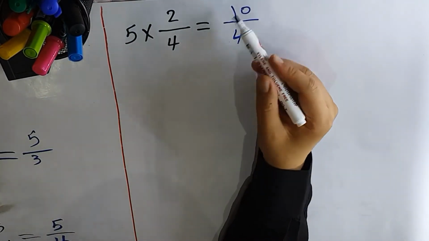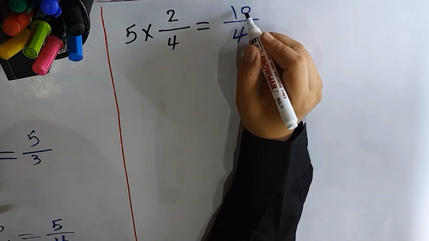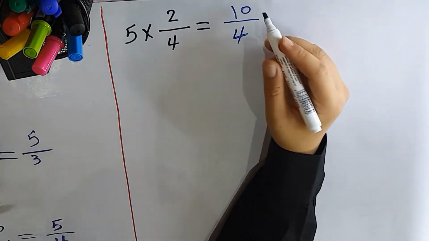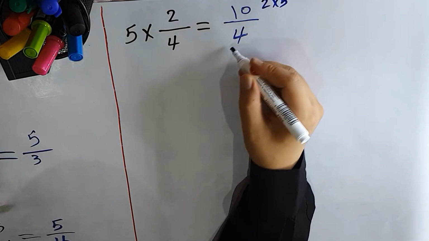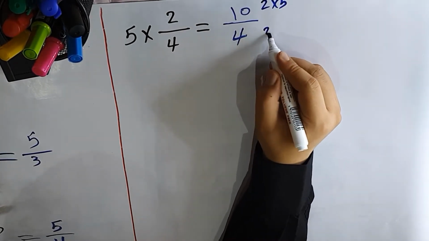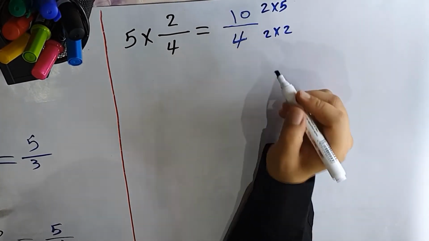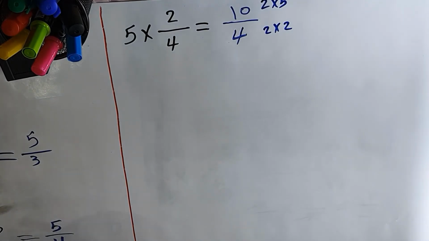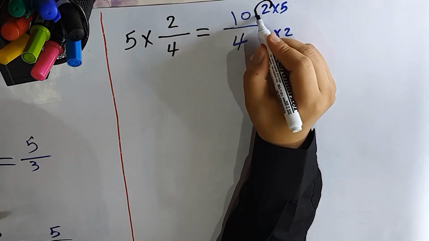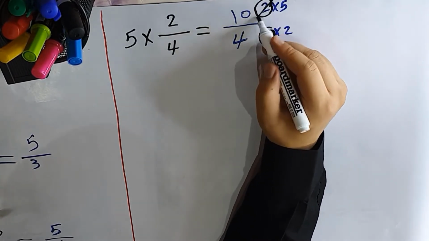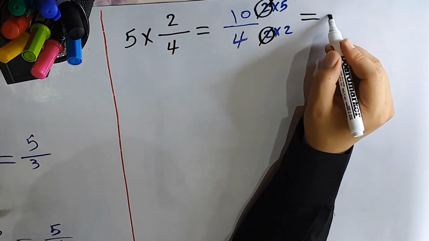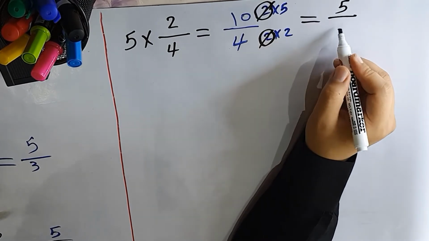If you want to simplify the answer or put it in the simplest form, you can expand each number. 10 we can write like 2 times 5 and 4 like 2 times 2. Any common number up with down? Yes, we take 2 up and 2 down. Remove the 2. Then the remainder up is 5 and the down is 2.